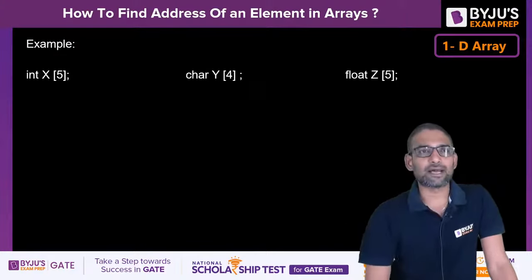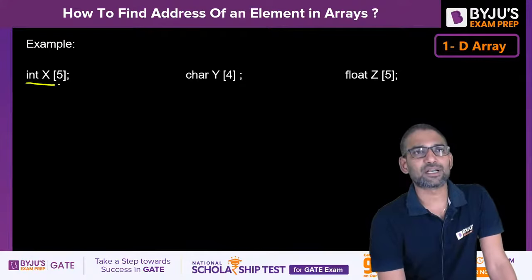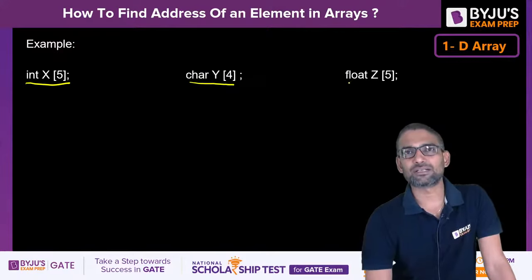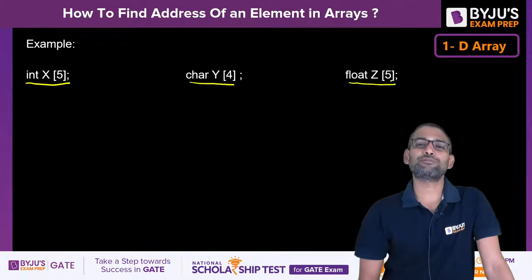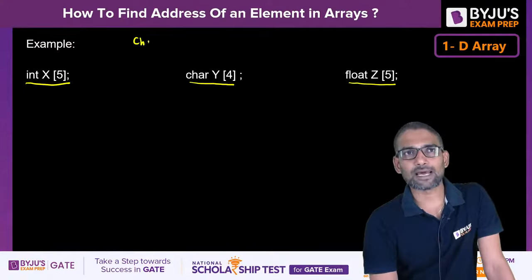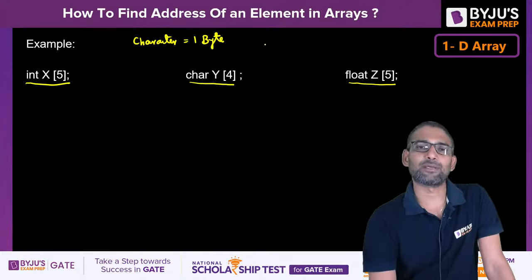Let us say I have created one integer array of 5 elements, or a character array of 4 elements, or a float array of 5 elements. We know that the size of a character is always 1 byte in C programming.